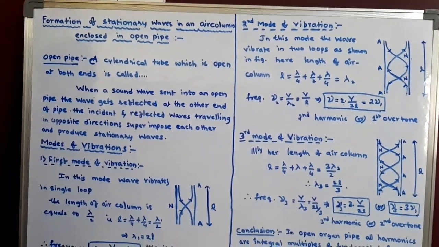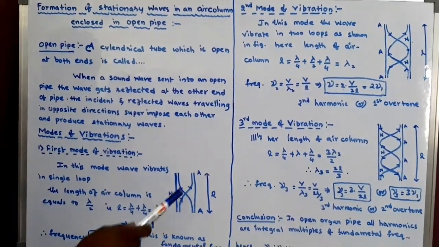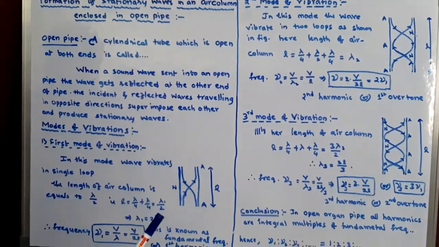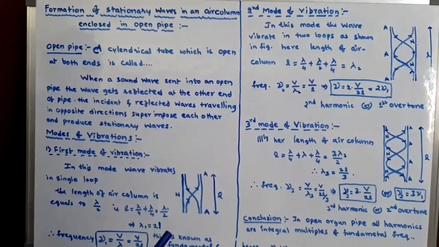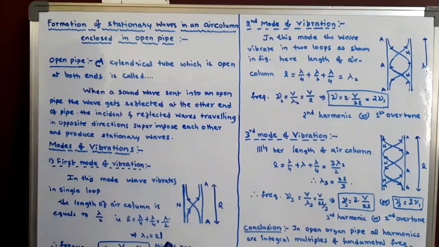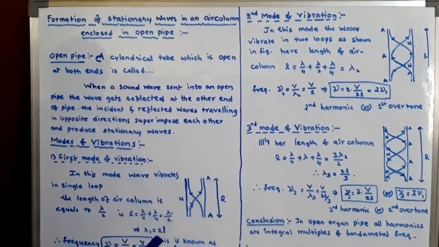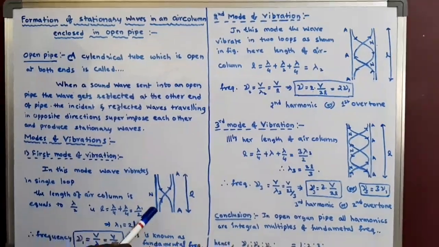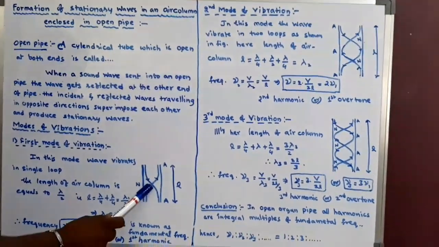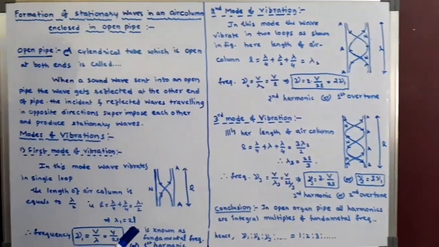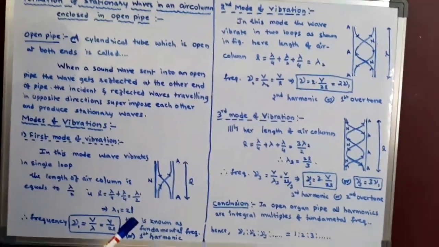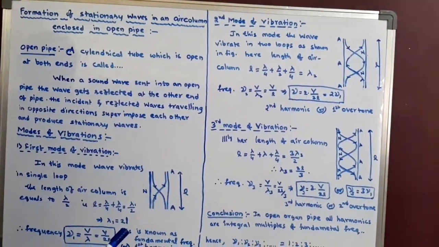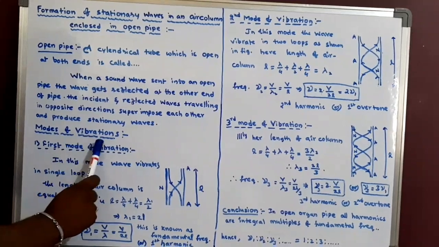Friends, I am repeating what an antinode and a node are. An antinode is where the amplitude is maximum in the stationary wave, and where the amplitude is minimum, that is named a node. Remember, okay.